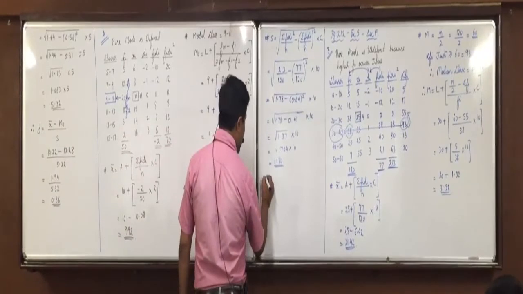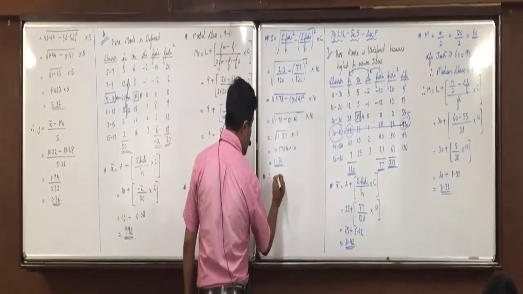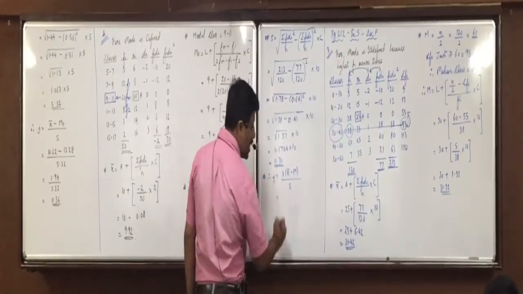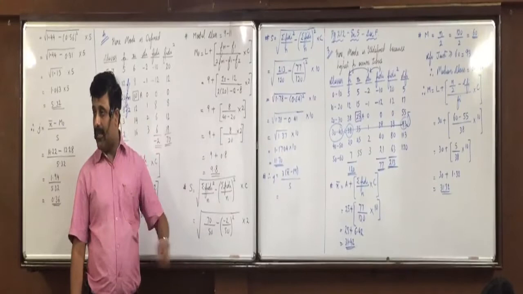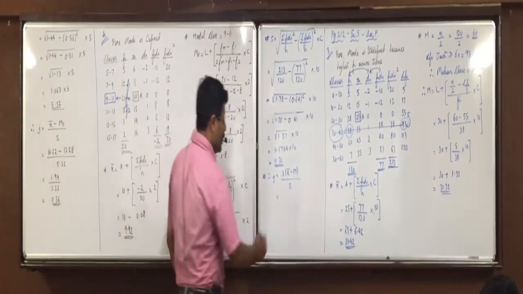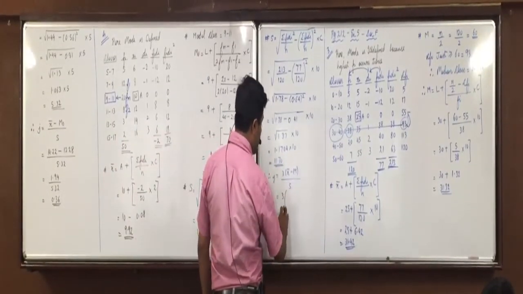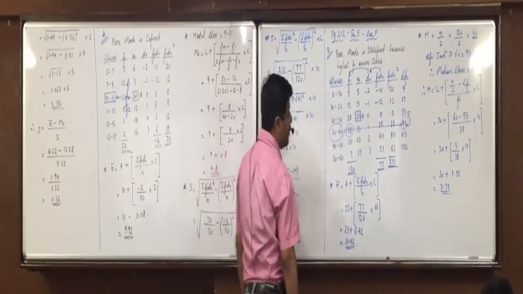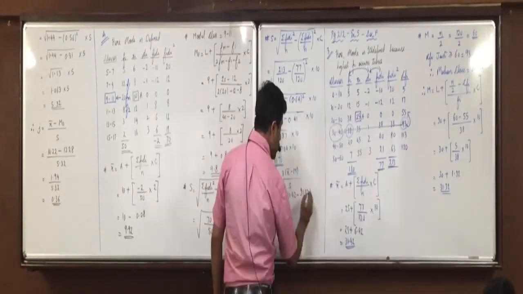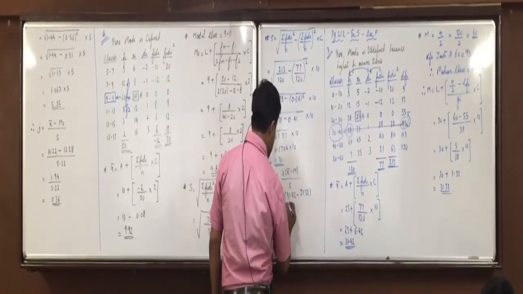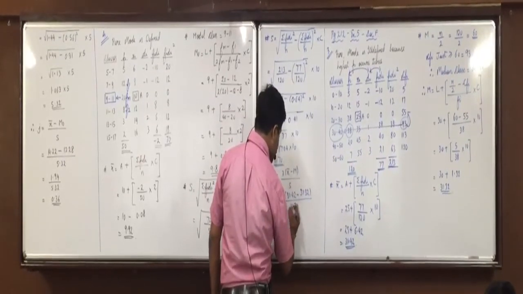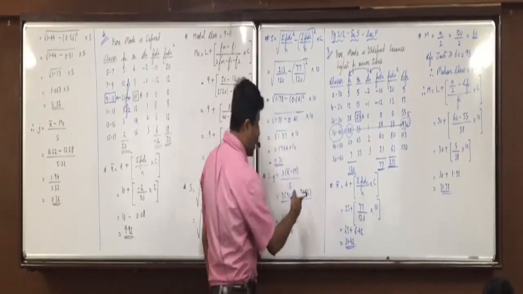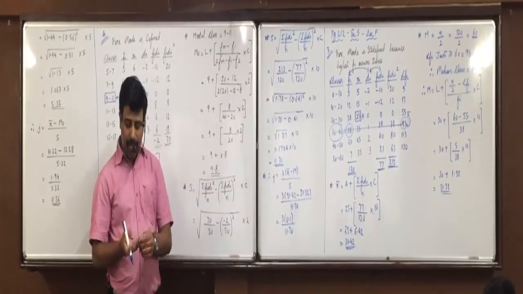Now tell me, if mode is ill-defined, then what is the formula of J? 3 into (x bar minus m) upon s. So here we will apply that formula. That is 3 into x bar, we obtained as 31.42, minus m we obtained as 31.32, upon s we obtained as 11.70. 3 into 0.1, since 31.42 minus 31.32 is 0.1.